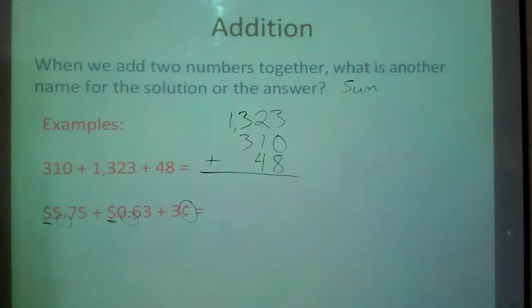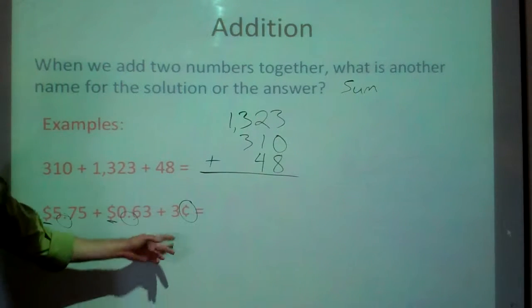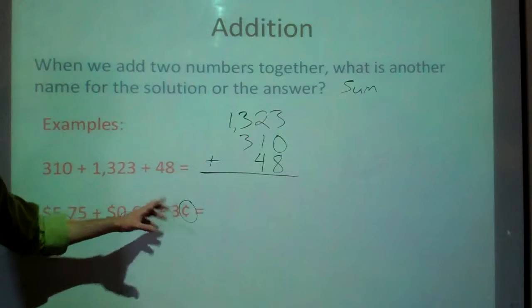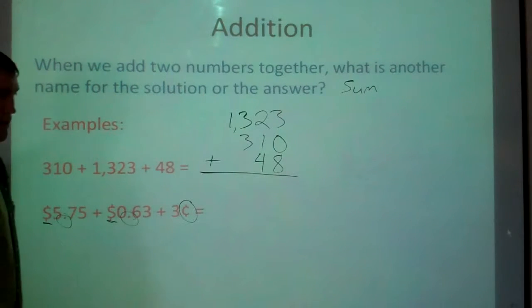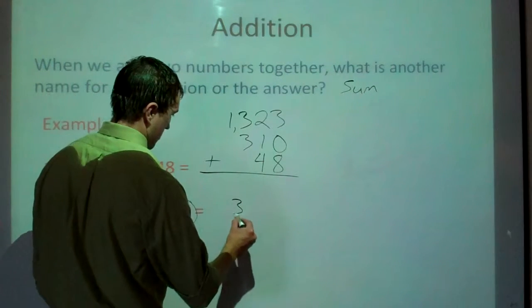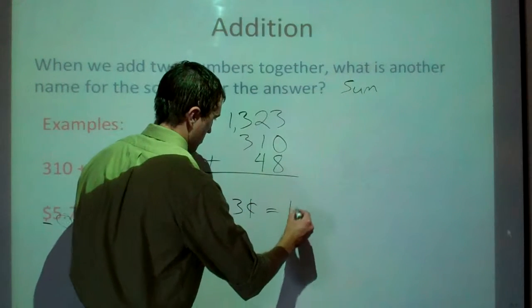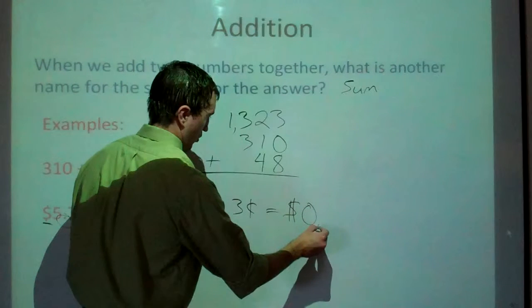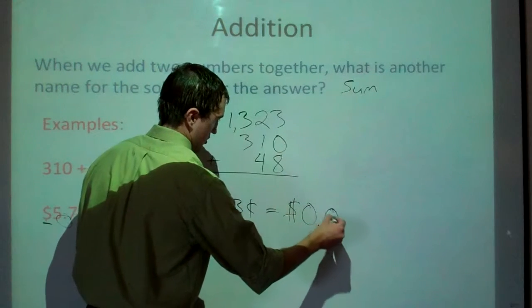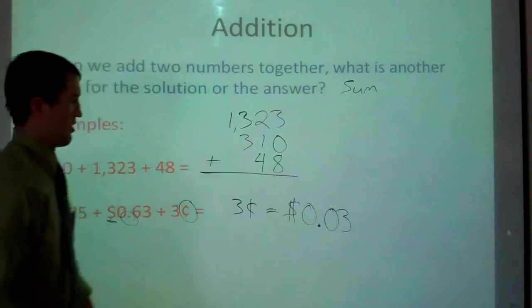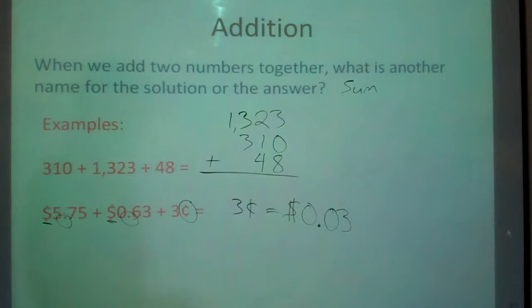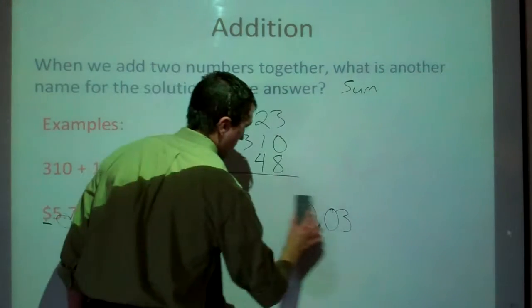So the first thing they have to do is convert 3 cents into the dollar form. And I showed them that 3 cents is equal to 0.03. Once we got that, we can set up our equation just like we did with this one.